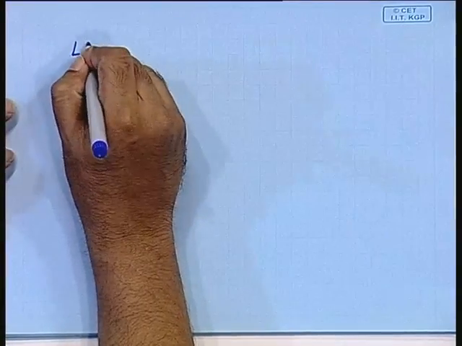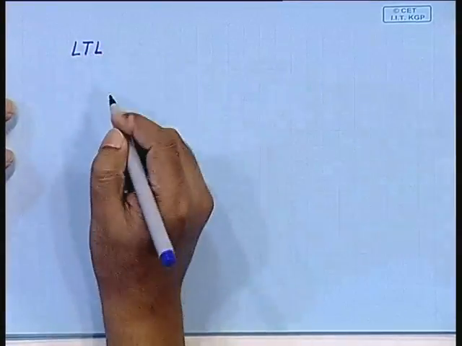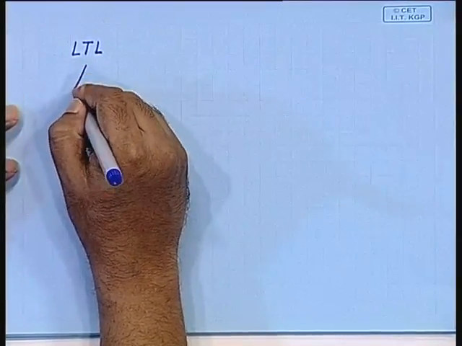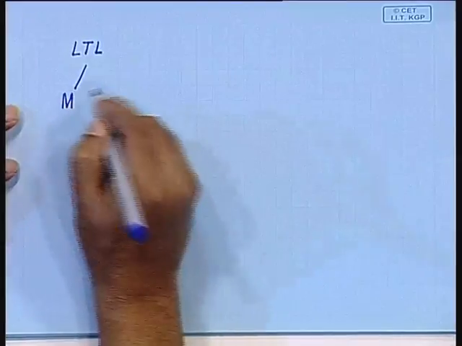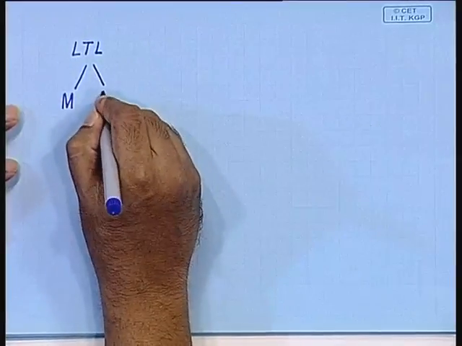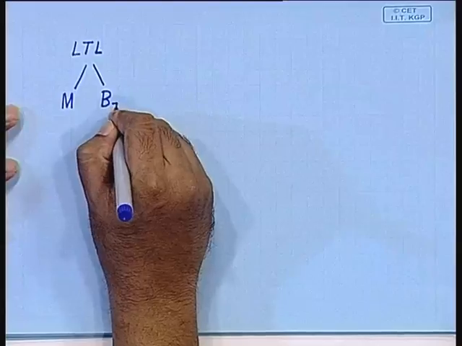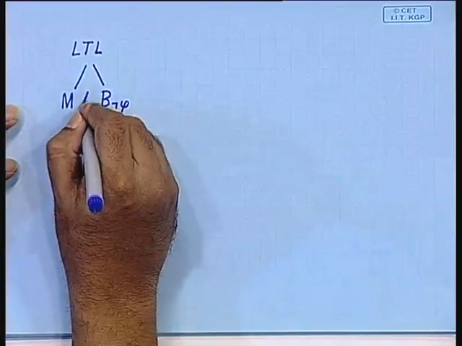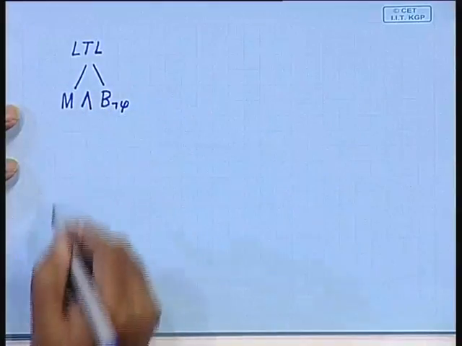So let me note it down. For LTL model checking, what we did was we took the machine M, we created the Büchi automaton for not phi, we take their product, okay.